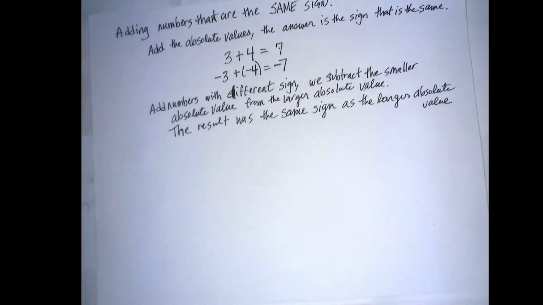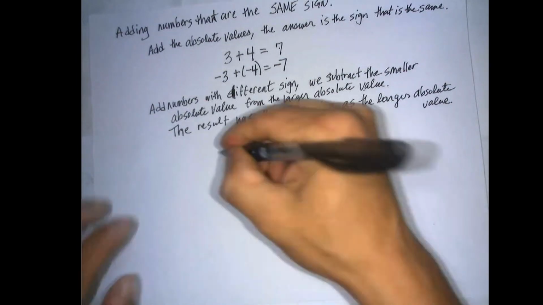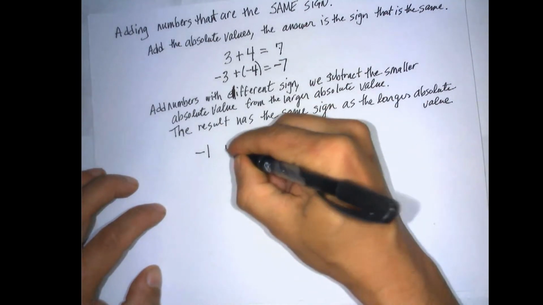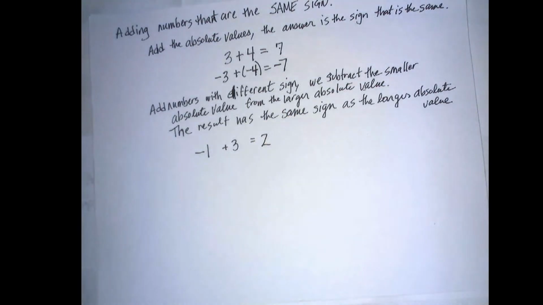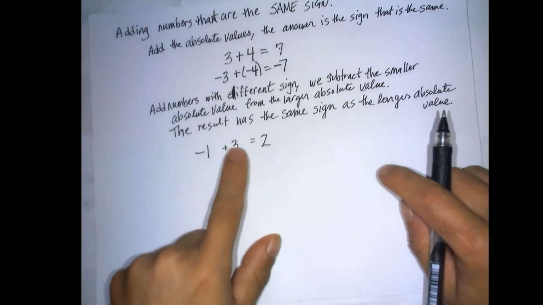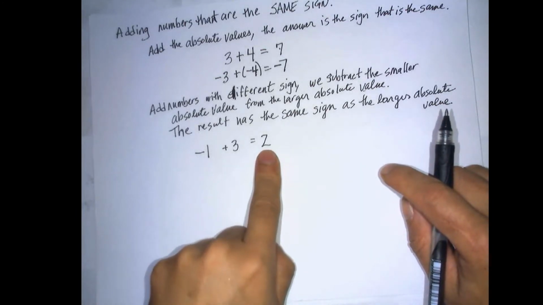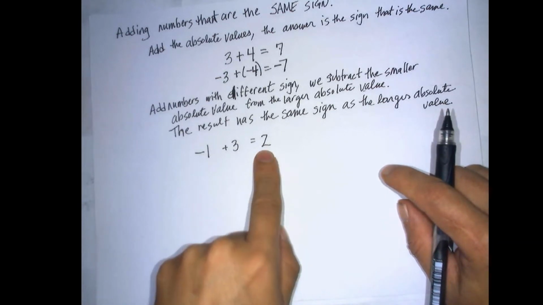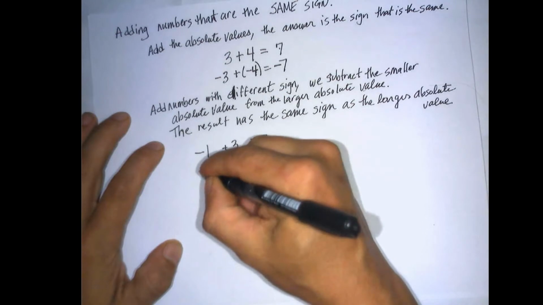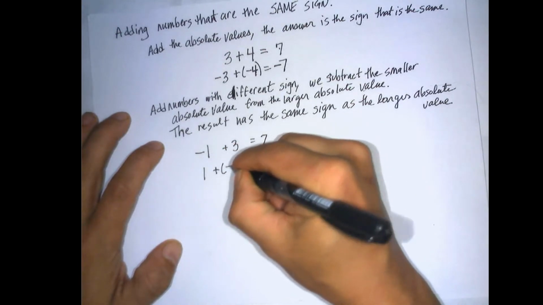For example, from the previous page, we said that negative 1 plus 3 is 2. So we're adding two numbers with different sign. So we subtract the smaller from the bigger. 3 minus 1 is 2. The larger absolute value is positive, so the answer is positive. What if this was 1 plus negative 3?